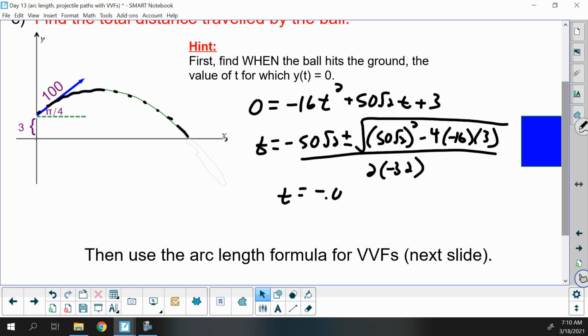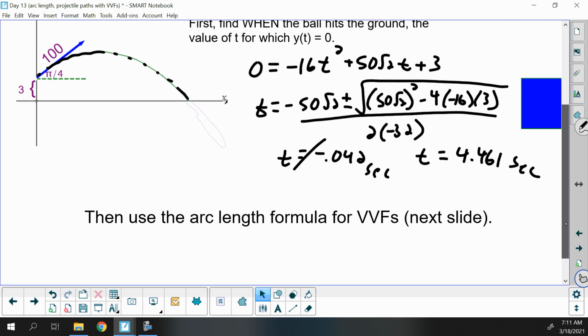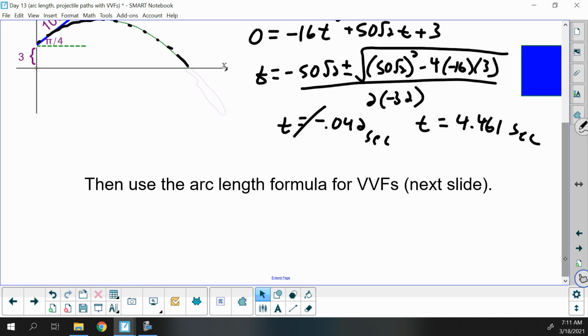We'll get t equals negative 0.042, and we'll get t equals 4.461, and both those are seconds. Well, you can't have negative seconds, so we know we're going to hit the ground at 4.461 seconds.